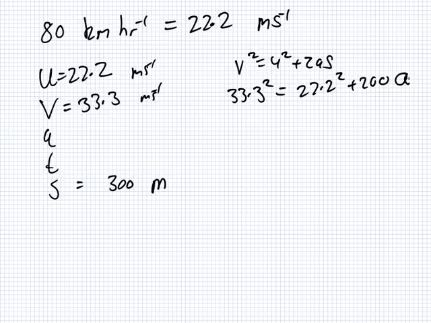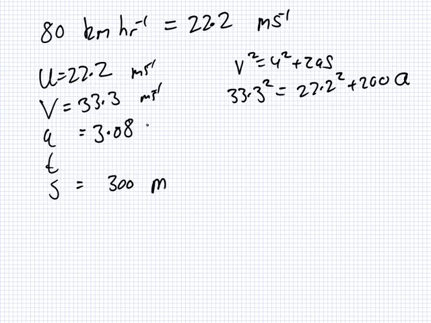So hopefully I should get the same answer as you. Did you get 3.08 for the A? I got 1.03. What did you get for the A? 33.3 squared minus 22.2 squared divided by 200. Yeah, 3.08 is what I got for the A.